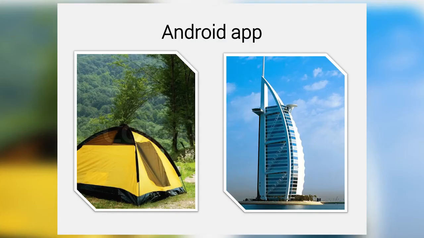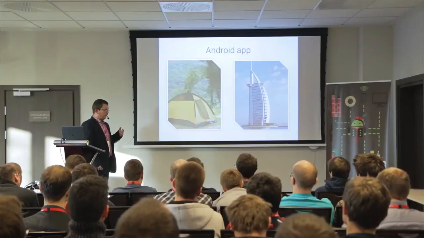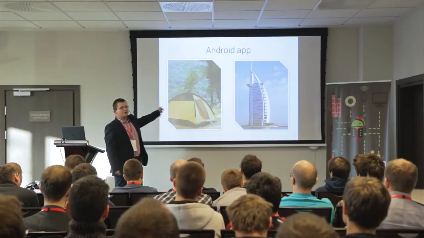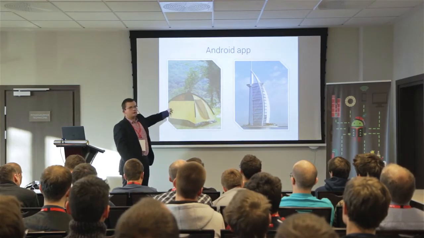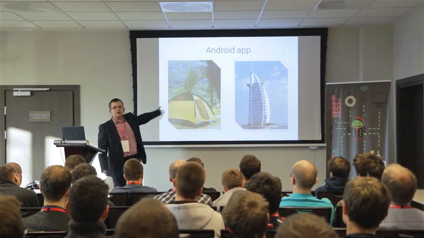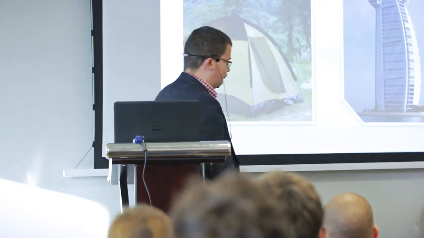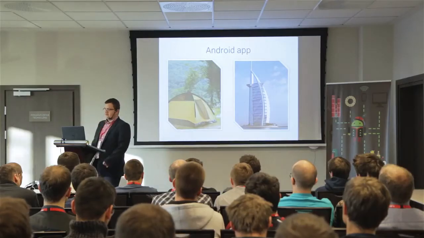In case of Android, the problem is, I think, the platform and the samples which we see for it. Most samples look like that: small, easy to write, easy to rewrite, and easy to maintain. So we do some small applications like a torch or something like that, and that's all.